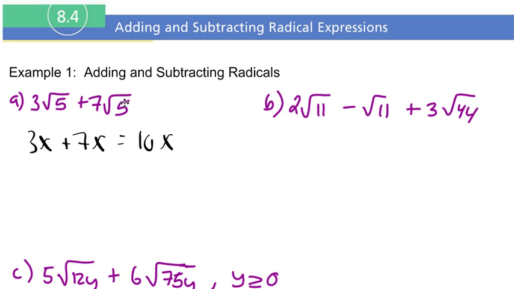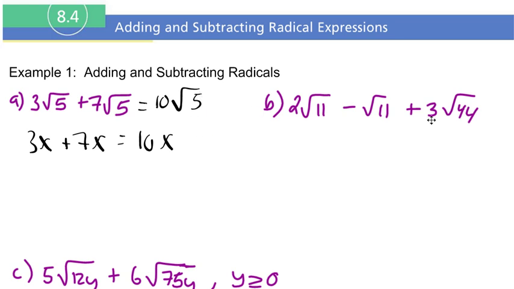So 3 radical 5 plus 7 radical 5 is just 10 radical 5. And from what we know about radicals, we can't simplify radical 5, so we leave it just like that.